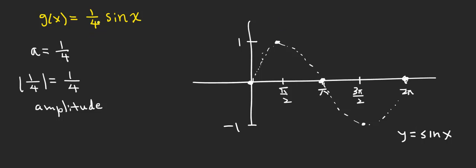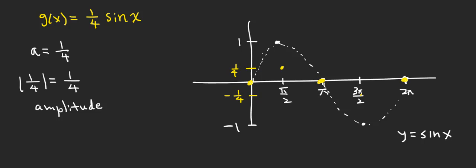Now, how are you going to graph 1/4 of sine x? Well, the amplitude is going to be 1/4. The highest it's going to go up is 1/4, and the lowest it's going to go down to is negative 1/4. So again, sine of 0 is 0, and 0 times 1/4 is 0. And then you go all the way up to 1/4, and you come back to pi, and then you go down to negative 1/4, and then 0.